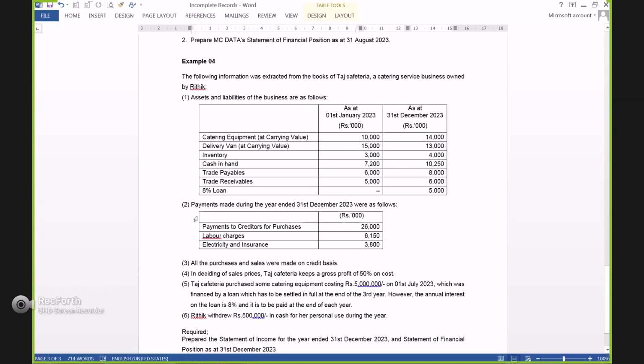One by one, we will see the catering equipment.